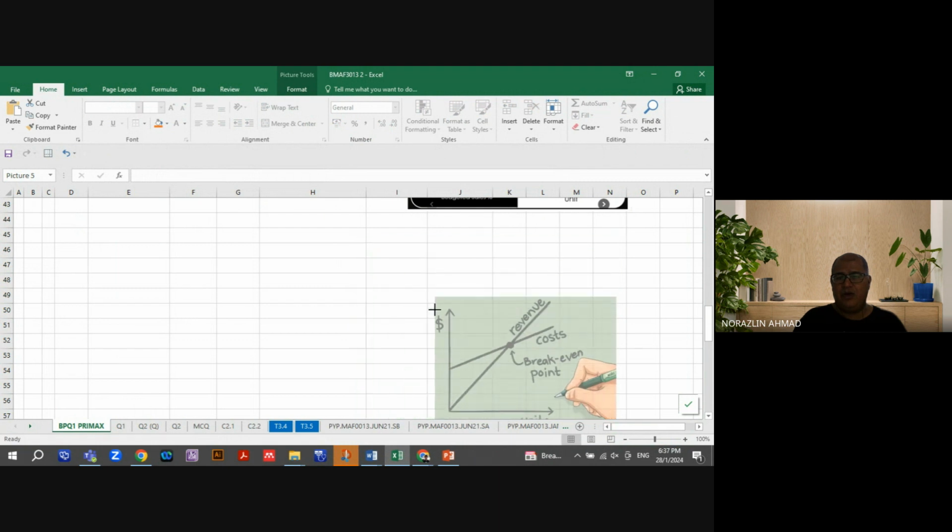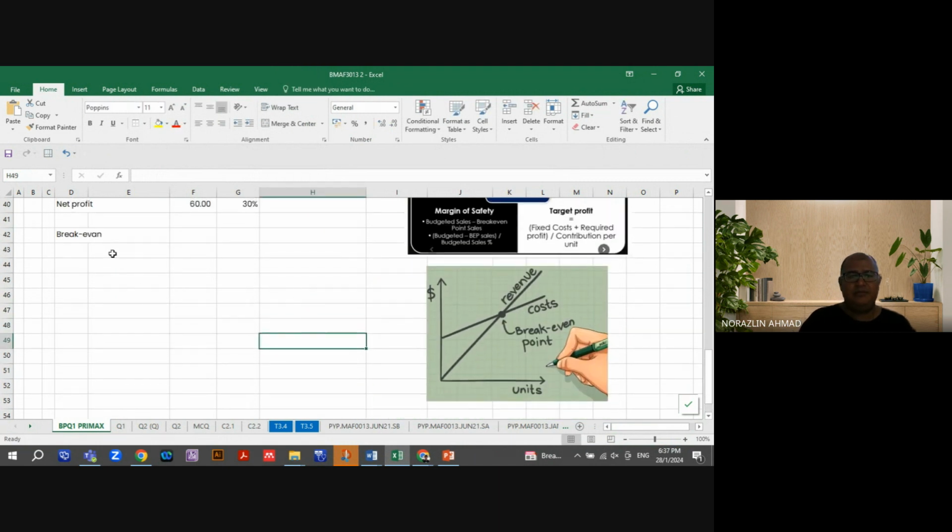Revenue and cost are the same. Break even point, BEP, break even point in units.